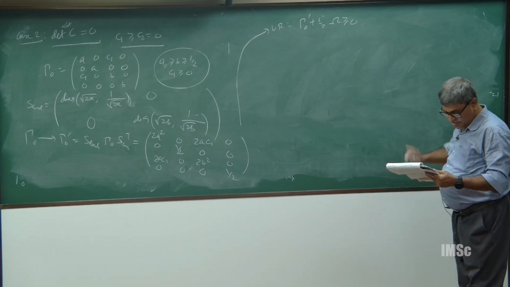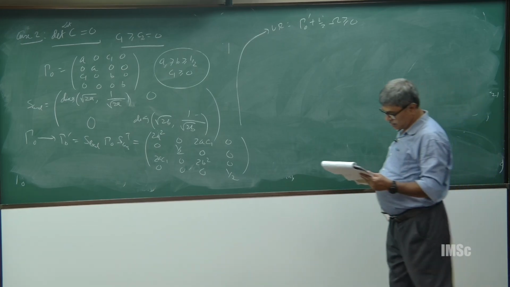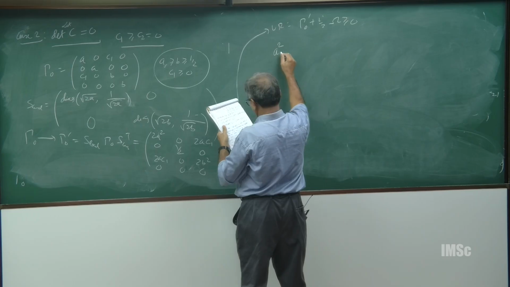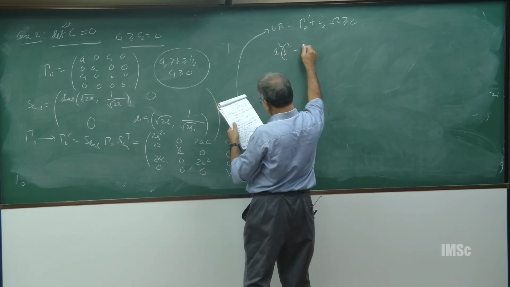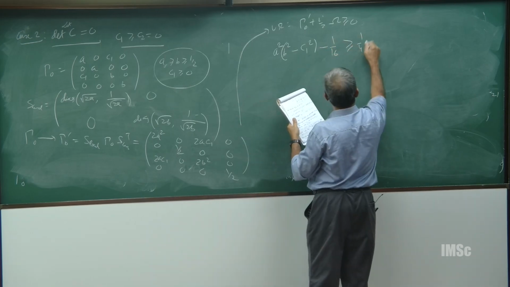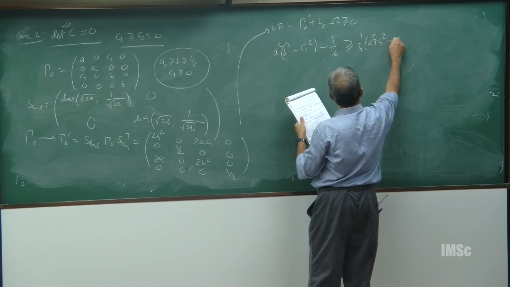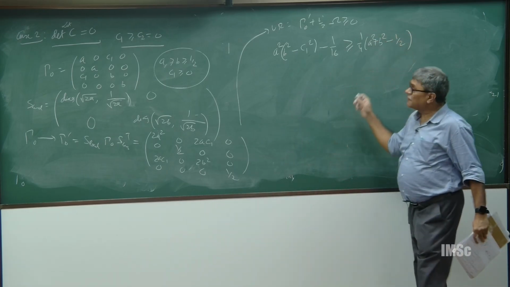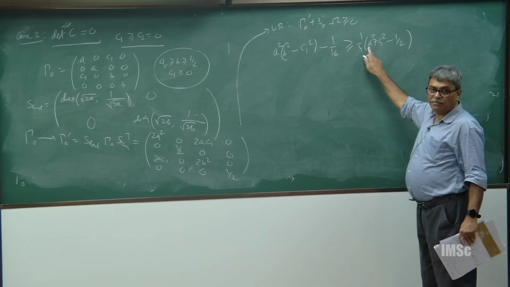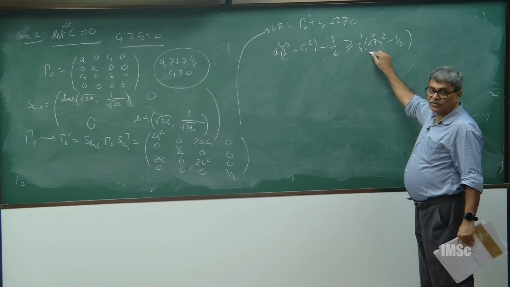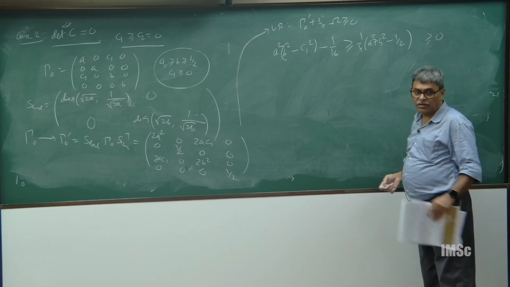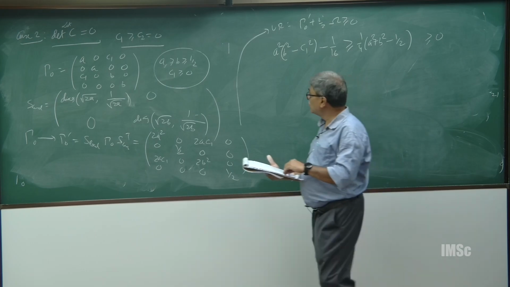So, again I am not writing what one can get, what you get is basically this one: A square B square minus C1 square minus 1 by 16 is greater than equal to 1 by 4 times A square plus B square minus half. This part is non-negative. Why? Because A is greater than half, B is greater than half. So, 1/4 plus 1/4 is half. So, this is non-negative, right. So, this is already non-negative, right. Okay.